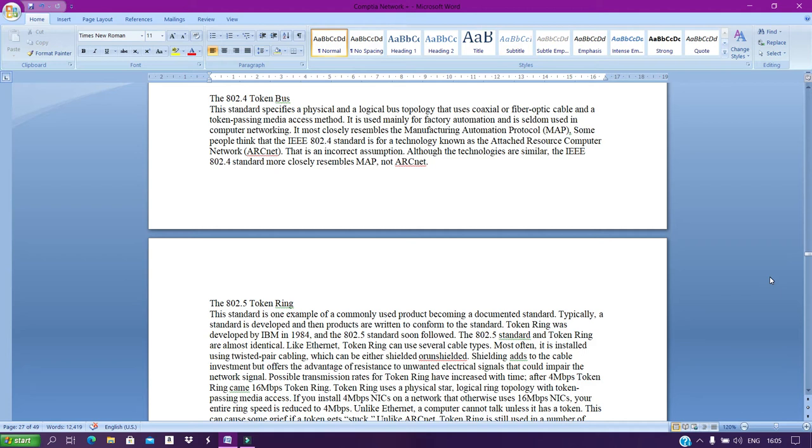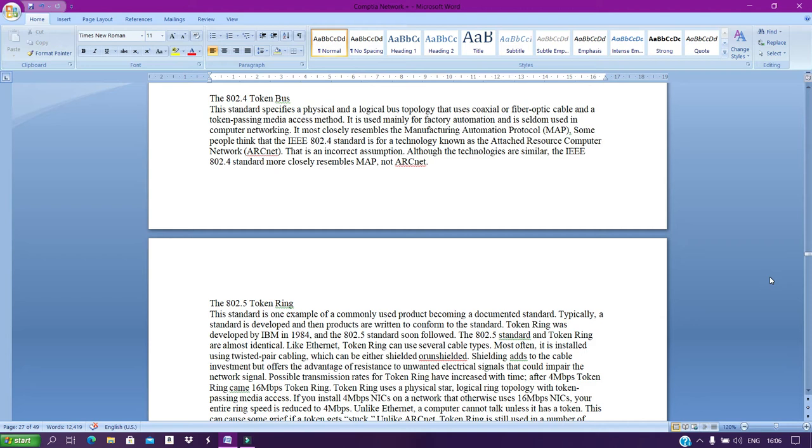The 802.4 token bus. This standard specifies a physical and logical bus topology that uses coaxial and fiber optic cable and a token passing access method. It is used mainly for factory automation and is seldom used in computer networking. It most closely resembles the Manufacturing Automation Protocol.